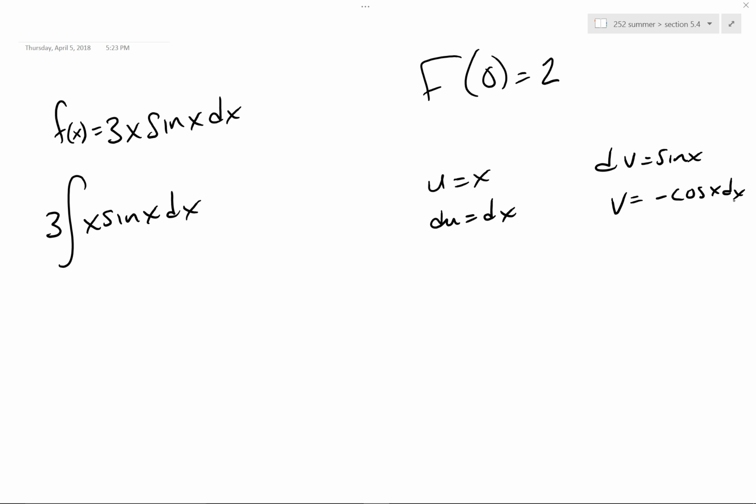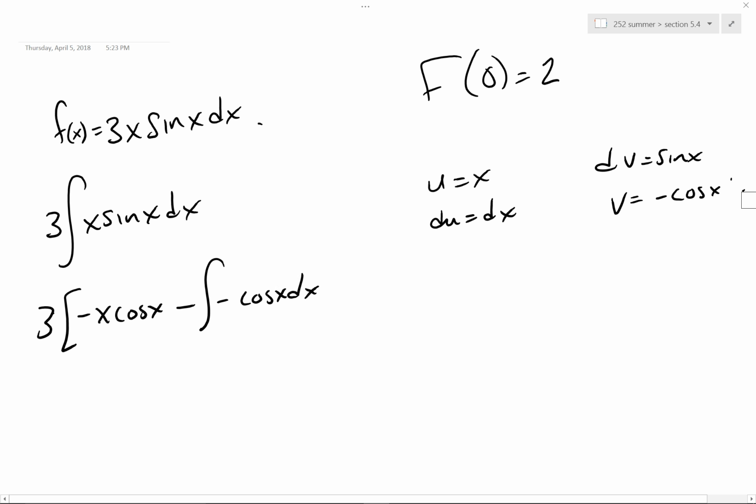So remember, it's uv minus the integral of v du. Nope, there's no dx there. These are both negative, so I'll make it a positive here if that's okay with you. Okay. Where did cosine come from? It came from sine. So I'm just going to leave it like this for a minute.